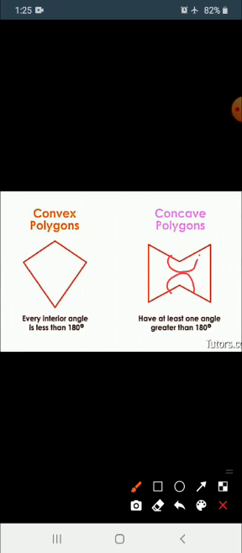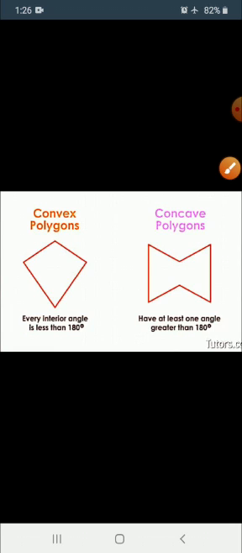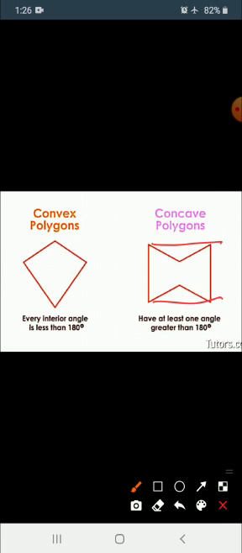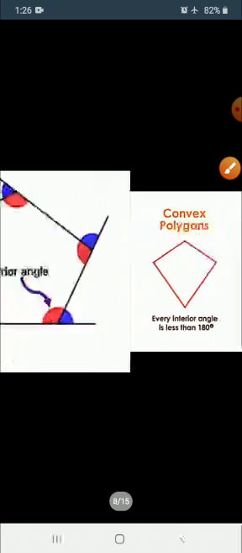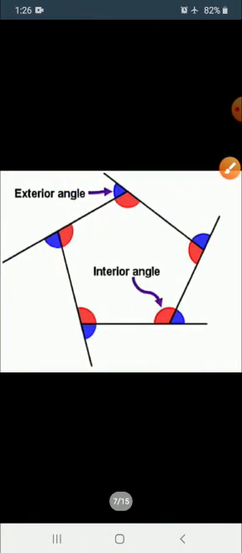So here two angles are greater than 180 degrees, so it becomes a concave polygon. And also the statement says a concave polygon should have at least one diagonal outside the figure boundary. When you draw diagonals, these diagonals are coming outside the figure boundary. So it is a concave polygon. This is the main difference between convex and concave polygons.